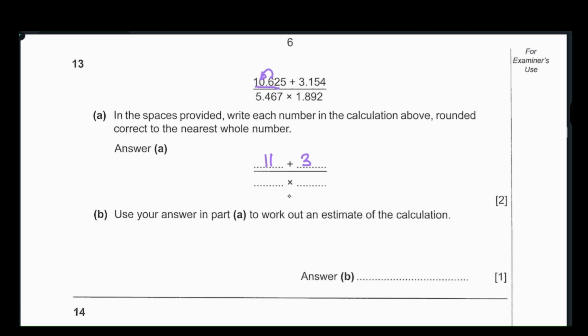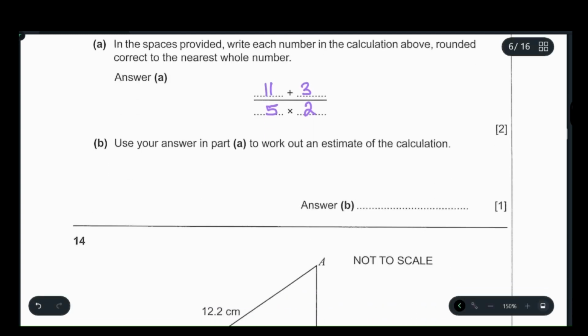As for 5.4, 4 is less than 5, so 5 remains 5. We cannot round up. And 1.8, 8 is greater than 5, so we can round up to 2.